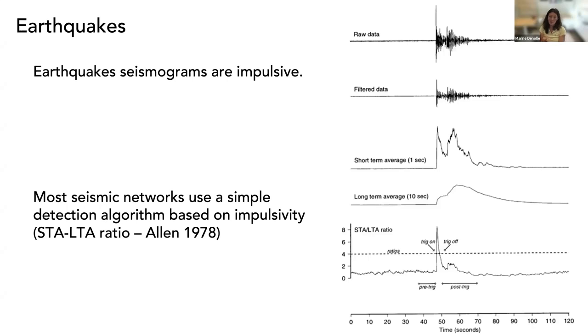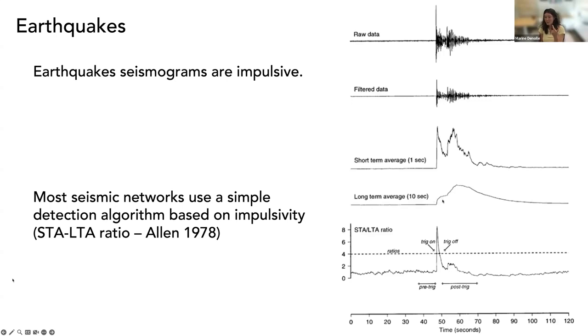The features of the earthquake waveforms are quite common to most earthquakes, in that they're very impulsive seismograms. So I'll show you an example here, a raw seismogram, maybe a bandpass filtered seismogram. And because earthquake seismograms are impulsive, the most basic earthquake detection workflow is to compare the amplitude of a short-term average, shown here, with a long-term average amplitude over 10 seconds.